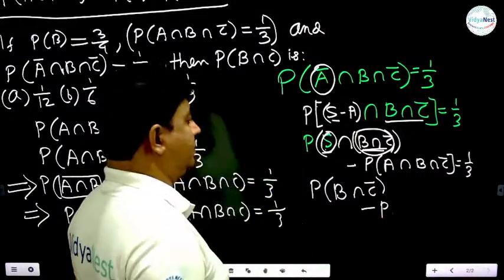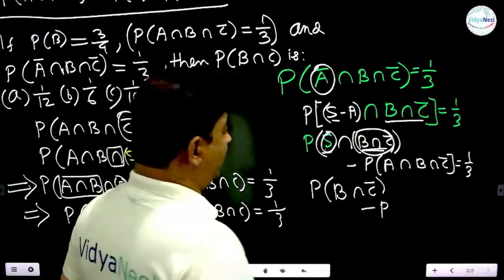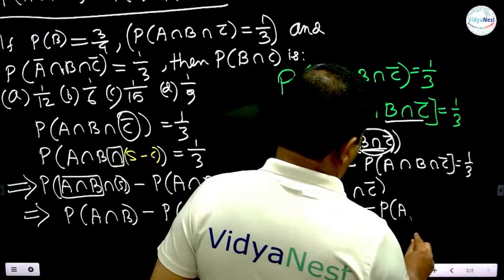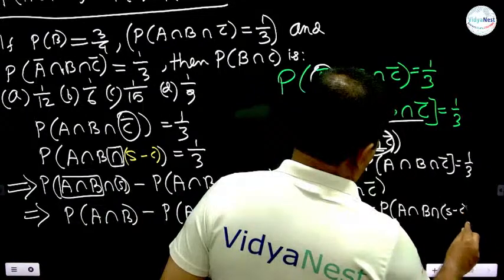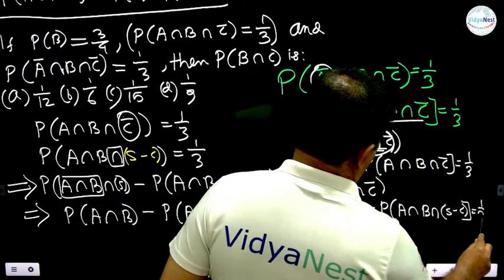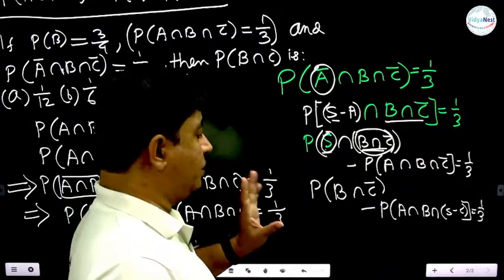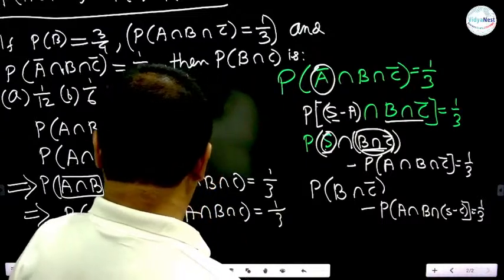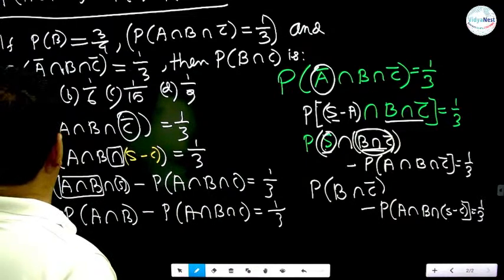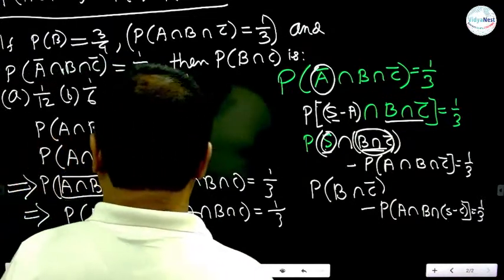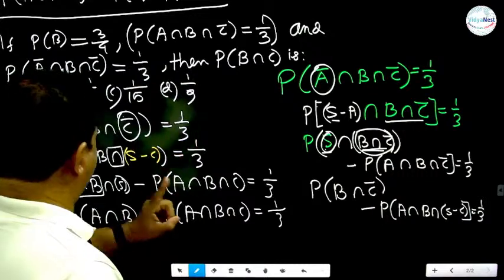Minus, what about C complement? Okay, we could simplify up to this stage. Now how to proceed? What to find actually? We have to find B intersection C, and here we could reach up to A intersection B and that thing.